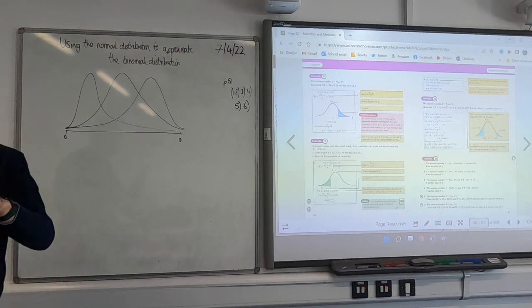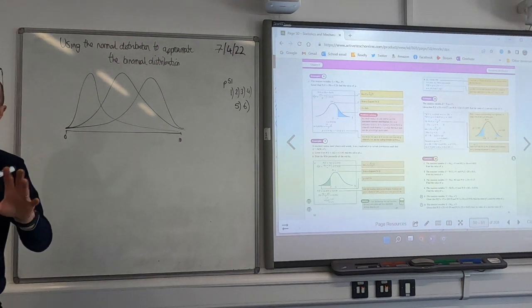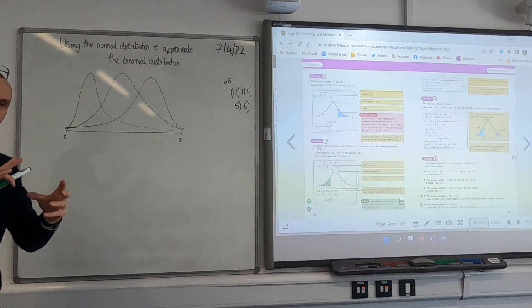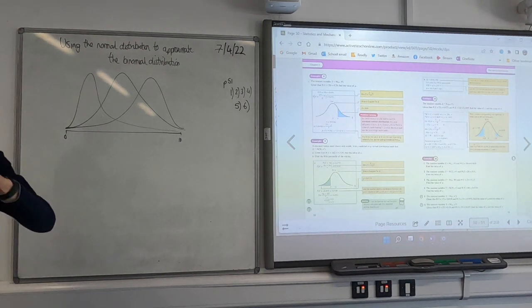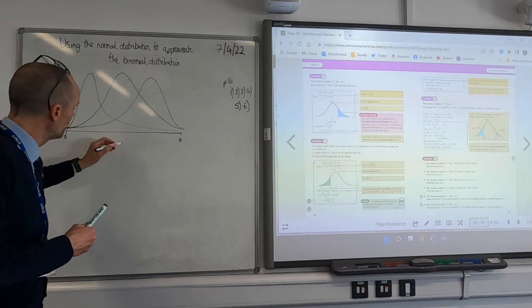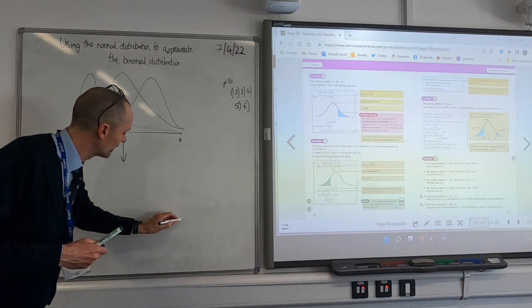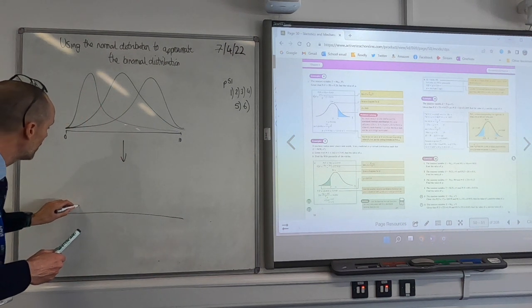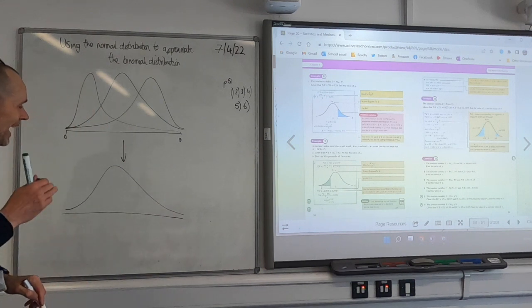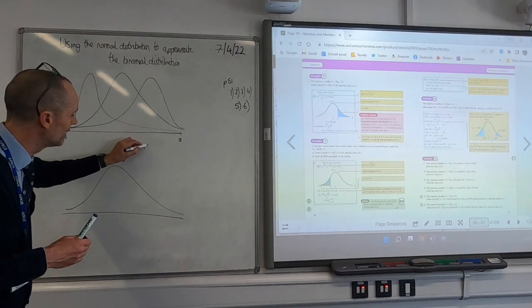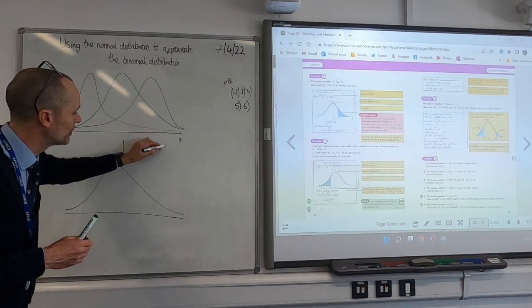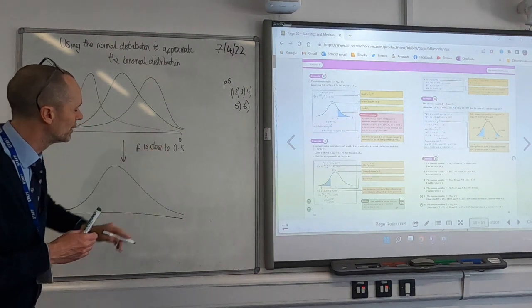With the normal, you've just got a set of data and you just need to know the mean and the standard deviation. The number of values you have is irrelevant. I can model the binomial distribution as a normal distribution if p, the probability of success, is close to 0.5.